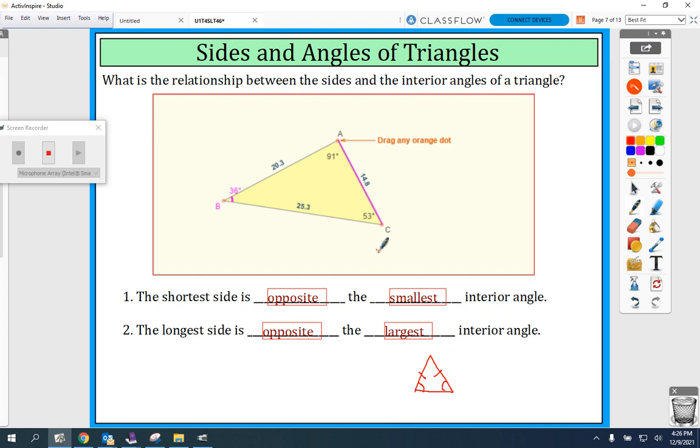So this is kind of the same idea. However, if this is the smallest angle, the side opposite is the smallest side, hence the 14.8 being the smallest. If we look at the largest angle, the side opposite is the longest side. And vice versa also works: opposite the largest side is the largest angle, opposite the smallest side is the smallest angle.